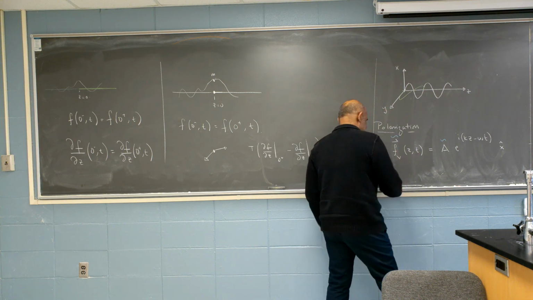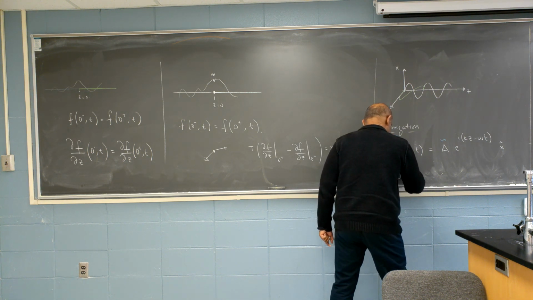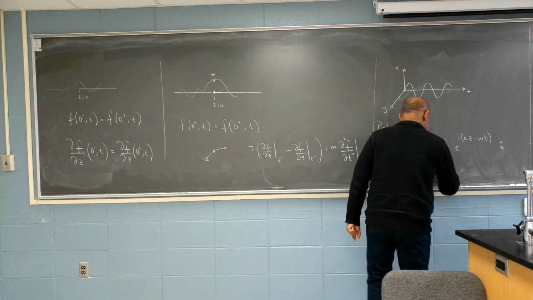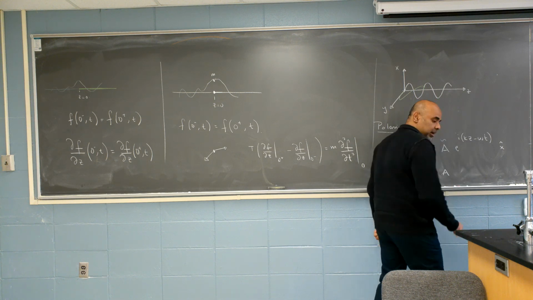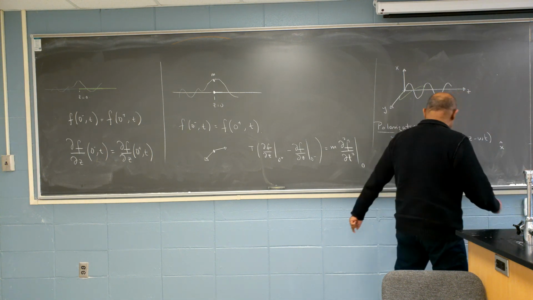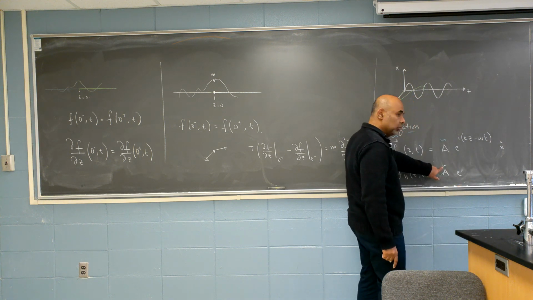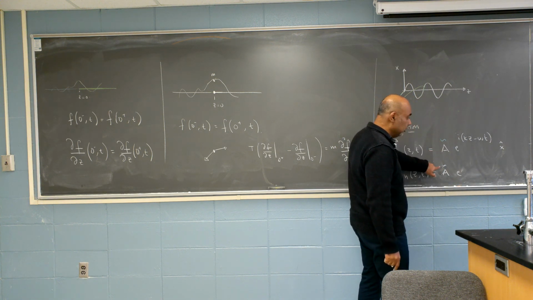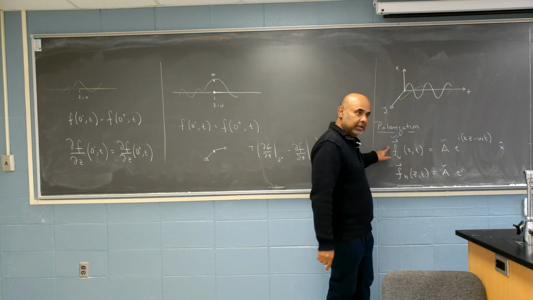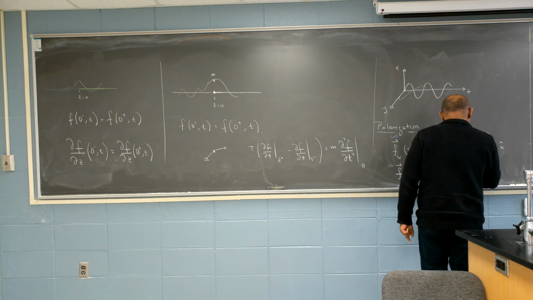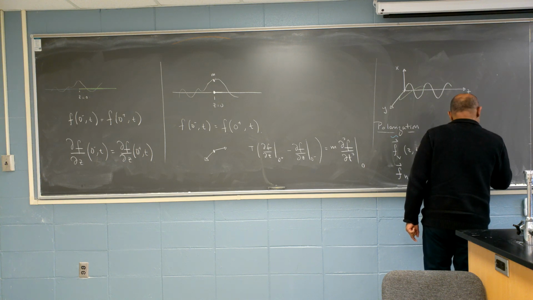Horizontal. And maybe subscripts are not so important now. But putting a tilde over here should clarify that this is actually complex. So it's just some constant times e to the i(kz minus omega t).